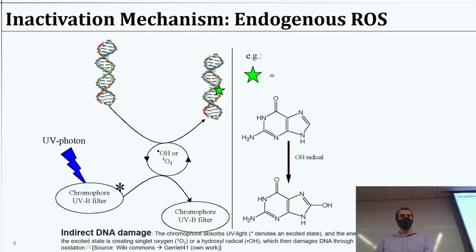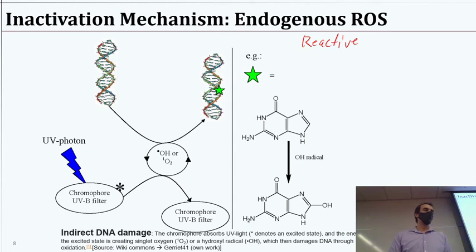So another possibility, and this is what I think is going to be the more often or the more likely UVB inactivation or disinfection mechanism, would be endogenous ROS. ROS being reactive oxygen species. And endogenous meaning it occurs or is generated from within, right?